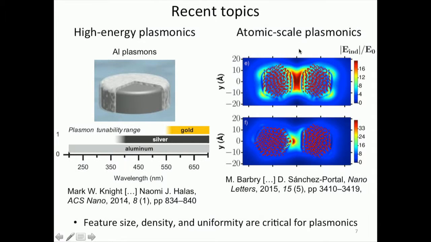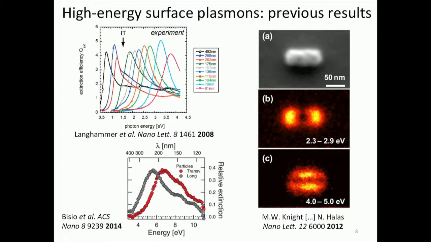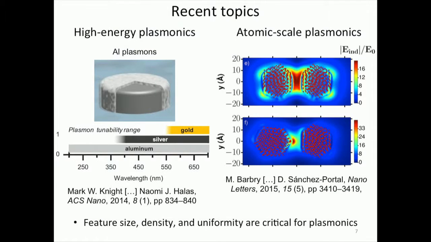Here on the right, I show you work from this group in this paper, where they show different electric field enhancements between dimers by simulating these structures atomistically. You see in this dimer, depending on the arrangement of the particles, whether you have two flat surfaces or one flat surface and a corner, you have quite different electric field enhancement, and therefore different plasmonic resonance here.